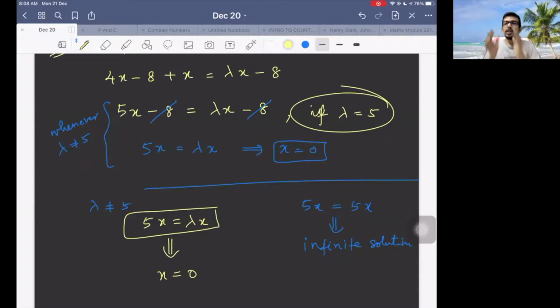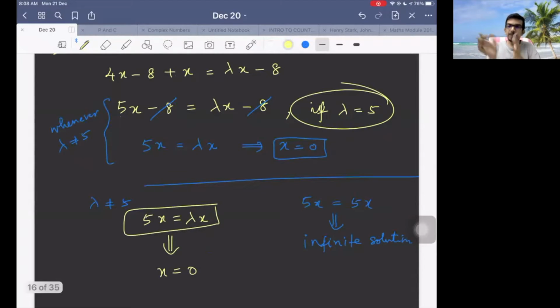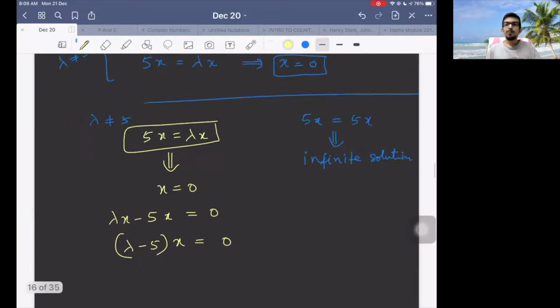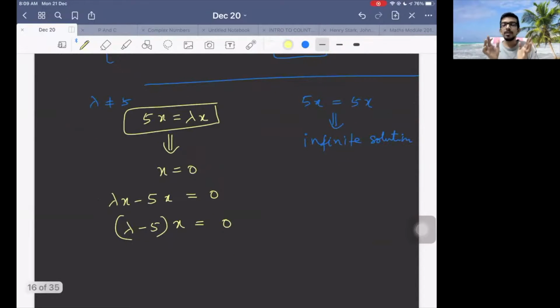All right. You can understand in this way as well. Bring everything to one side. So we have lambda x minus 5x is equal to 0. So this is lambda minus 5 times x is equal to 0. Now, the product of two numbers is 0. What does that mean?